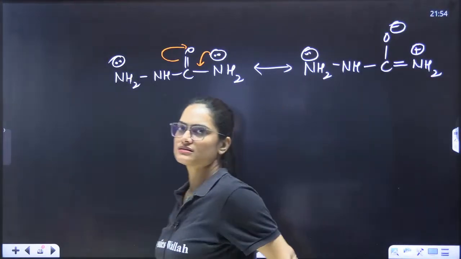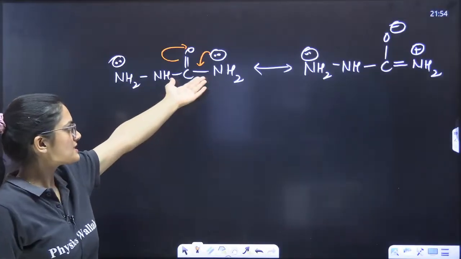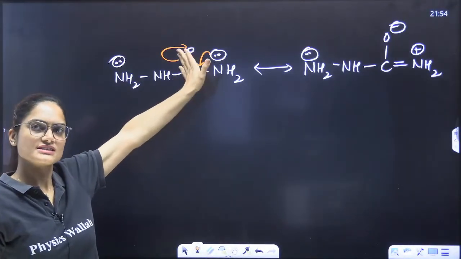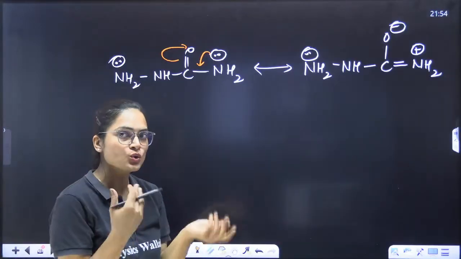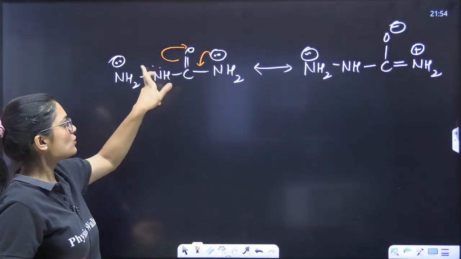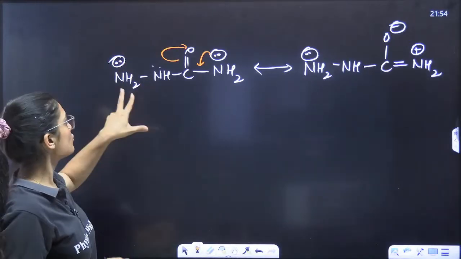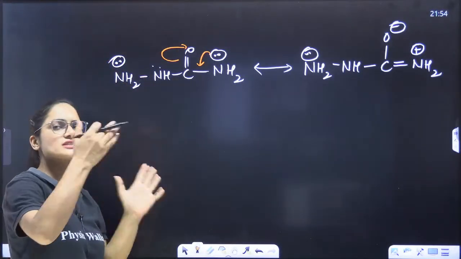Yes, beta. Tell me. There are two nitrogens which have a lone pair, and those can donate the electron pair. The lone pair present on this nitrogen is also involved in resonance. So you will be removing H2 from this side. First of all, tell me if this part is clear, then I'll come back to the mechanism.